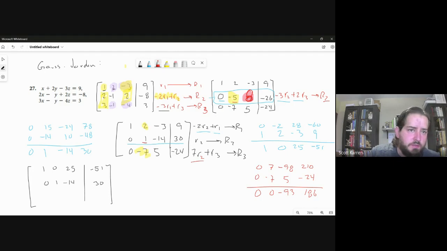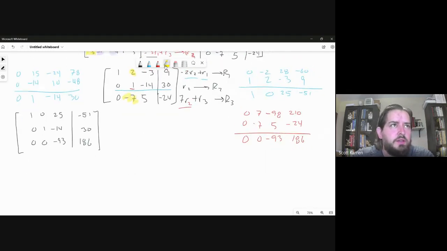All right, these numbers are looking better, even though they're big, because 186 is divisible by 93, so that's good. Okay, we're almost there. We've got 2 of our 1s, right? So we've done 2/3 of the work, and fortunately we did the very much difficult 2/3 of the work.